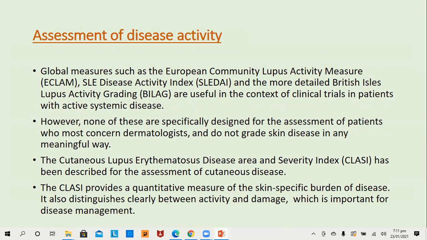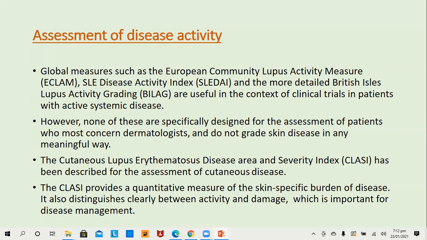Assessment of disease activity. The global measures such as European Community Lupus Activity Measure, SLE Disease Activity Index, and the more detailed British Isles Lupus Assessment Group grading are useful in the context of clinical trials in patients with active systemic disease.